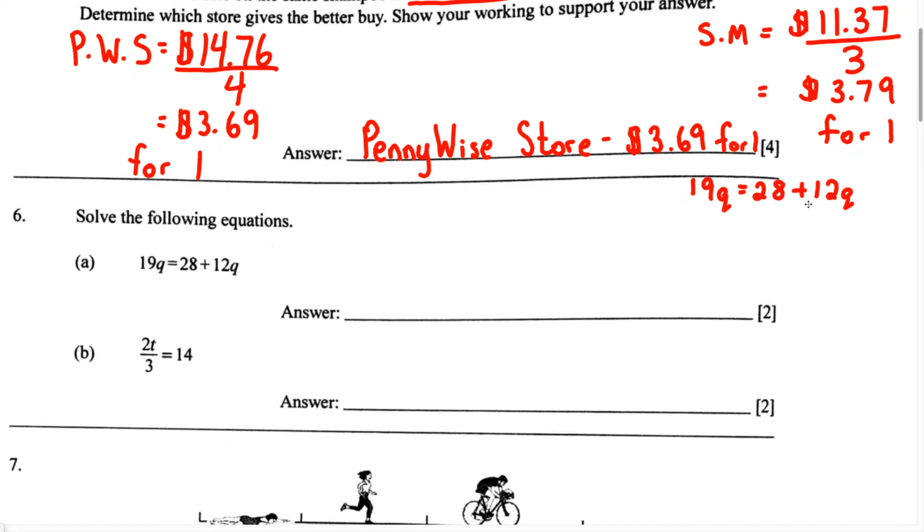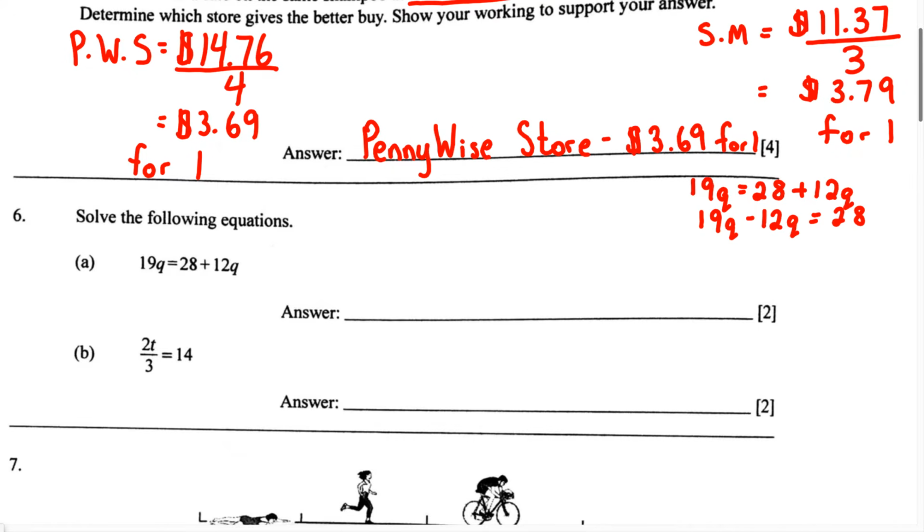So we're just going to carry over 12Q on the opposite side. Because we're adding 12Q, when we carry it over, the equal sign is now going to be subtracting. Therefore, we're going to end up with 19Q minus 12Q because we have to carry it over. And once we carry it over, we're going to change the sign equals 28.